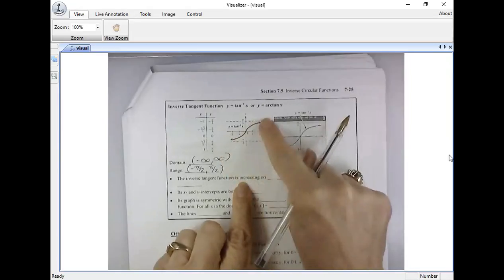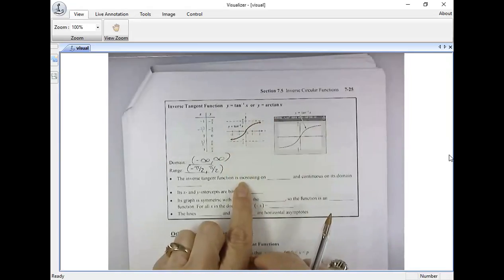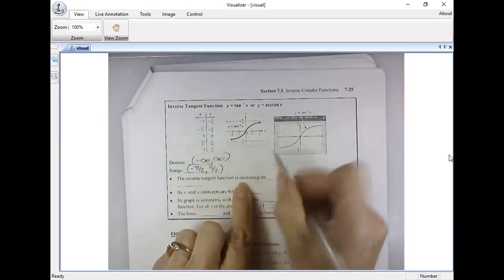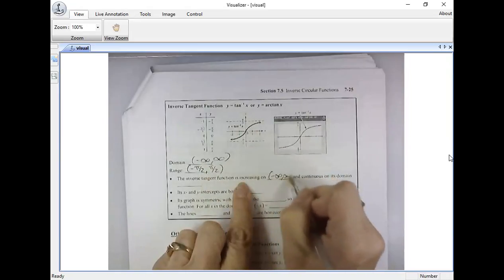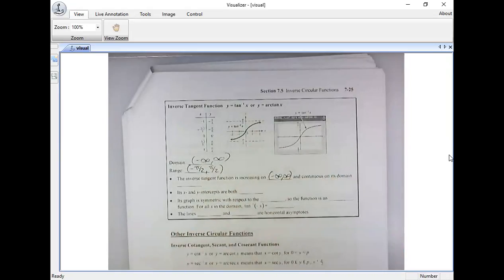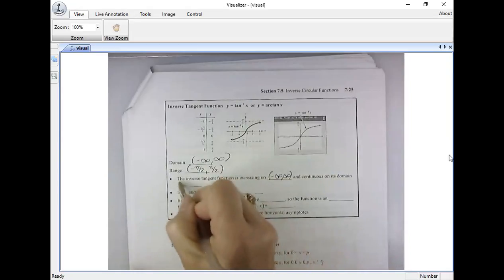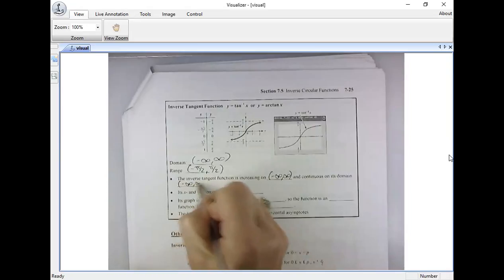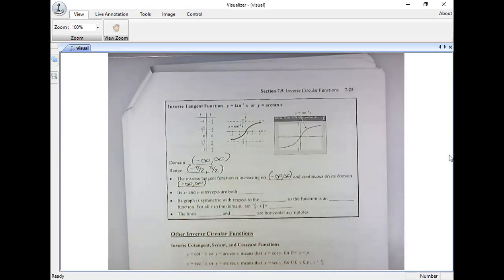Does this look like it's increasing or decreasing? It is increasing on the entire domain, which means from negative infinity to positive infinity. And is it continuous everywhere? Yes, that's why it's important that we make sure we pick the quadrant that doesn't have the asymptote in it. We want this section to be continuous. Tell me about x-intercept, y-intercept.